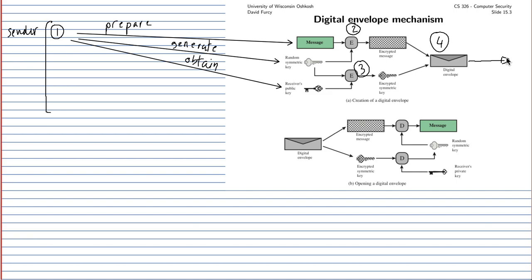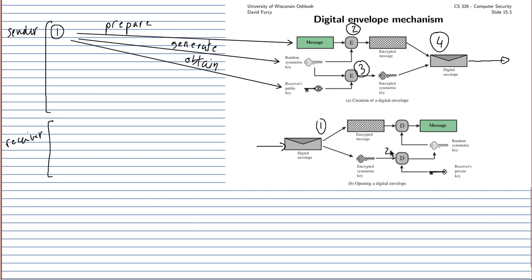So that's the first half of the mechanism. The second half is performed by the receiver. The receiver is going to receive the digital envelope. The first step will be to separate the encrypted message from the encrypted symmetric key. And recognizing that they're dealing with a digital envelope, the receiver is going to use his or her private key to decrypt the symmetric key.